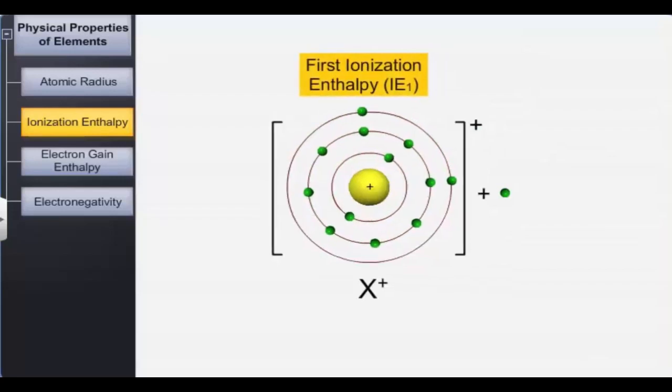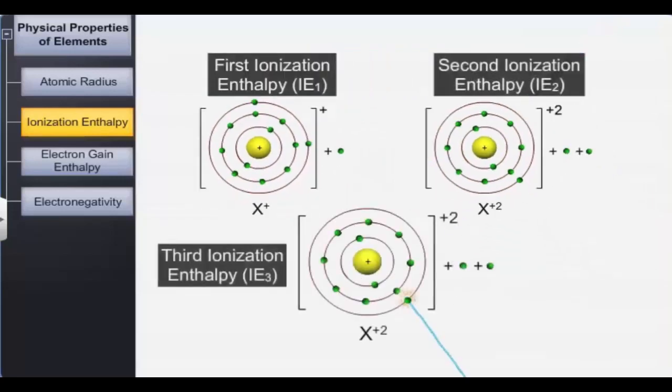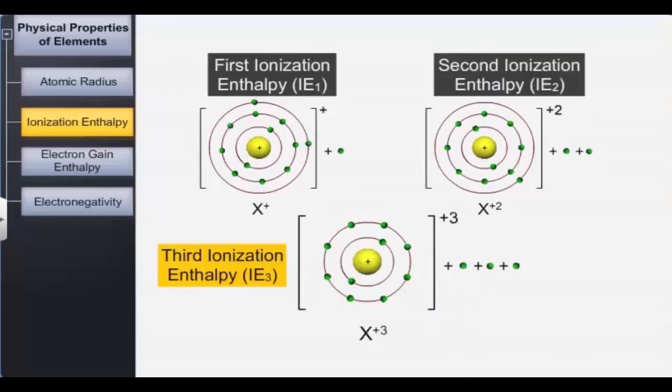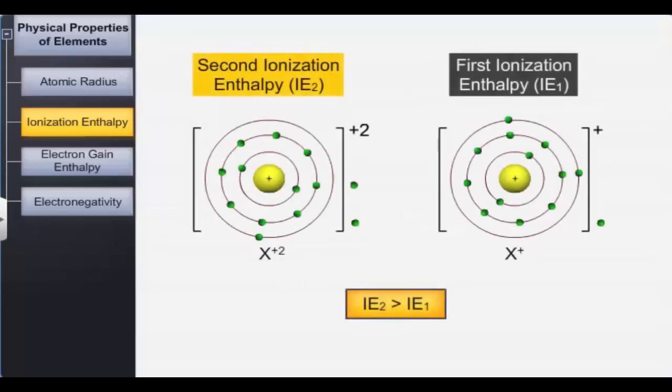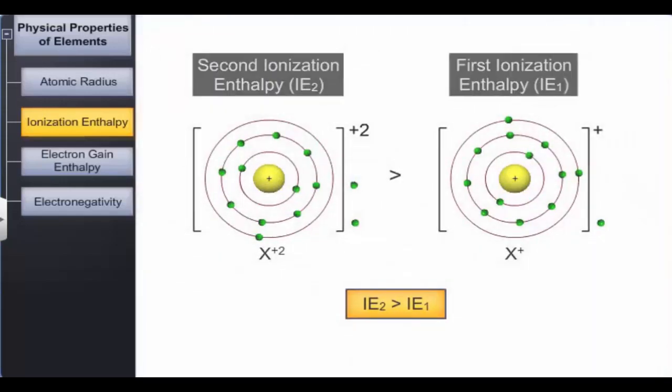One more reason is that the unipositive ion already attains a stable electronic configuration, so it is very difficult to remove an electron from its valence shell. That's why the second ionization energy of s block elements increases, whereas the first ionization energy of s block elements decreases.